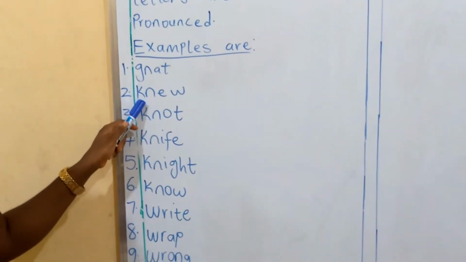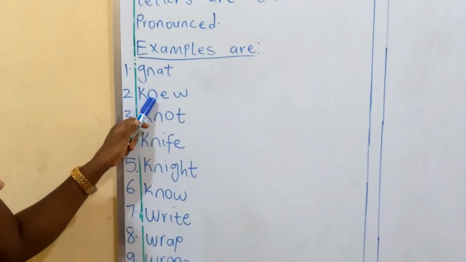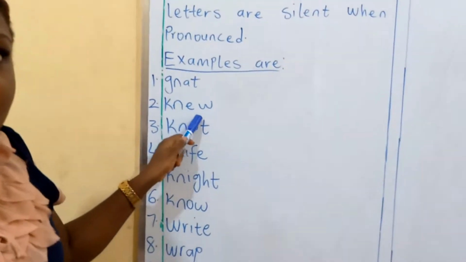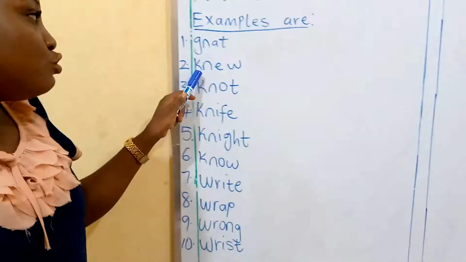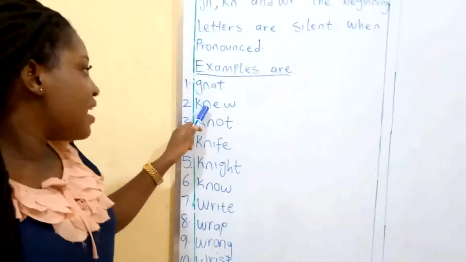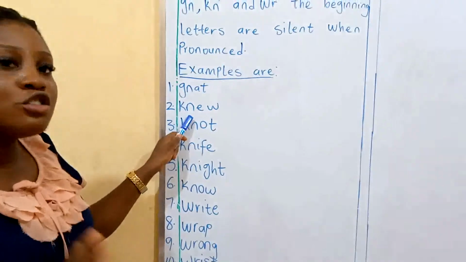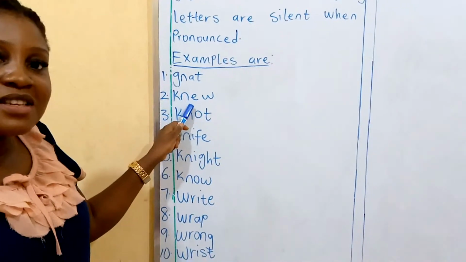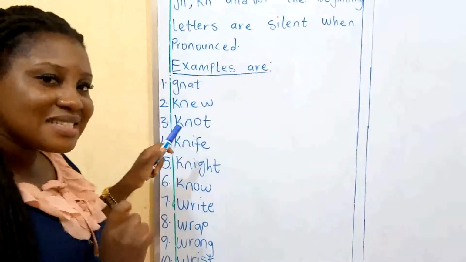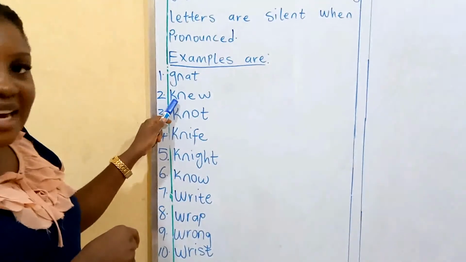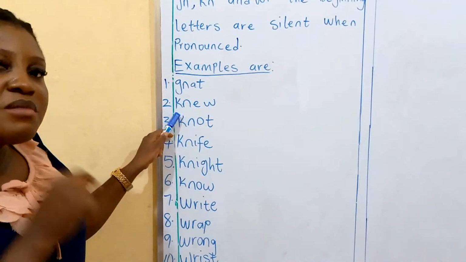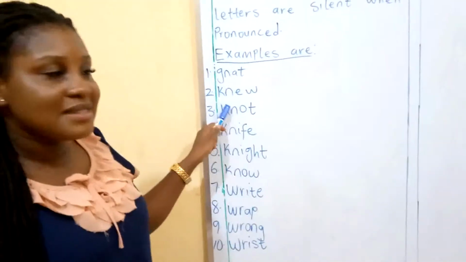But when you are writing down this word, should you spell it as N-E-W? No, you shouldn't. You should spell it as K-N-E-W. Although we did not sound it when pronouncing this word, when we are writing, we must write our silent letter.